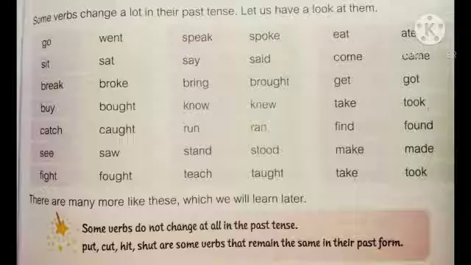Okay, next, some verbs change a lot in their past tense. Let us have a look at them. Students, some verbs we cannot add ed at the end. So, here are those verbs which totally change. Go, went.